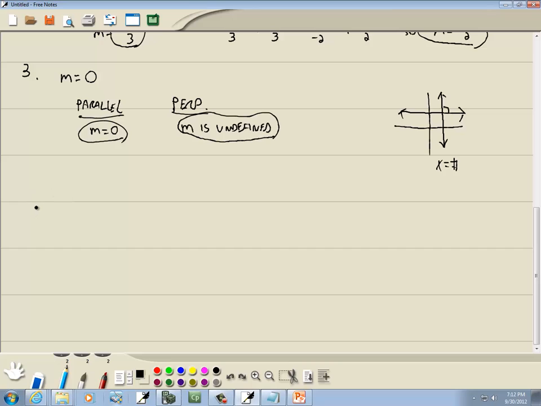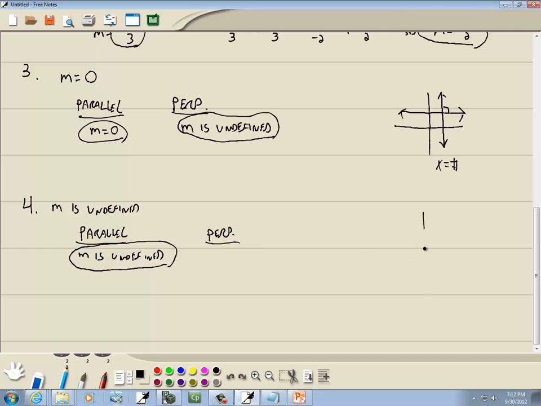Now let's look at the other oddball case. They start out with m is undefined. Parallel is always easy. It's always the same. So m is undefined. Now perpendicular.